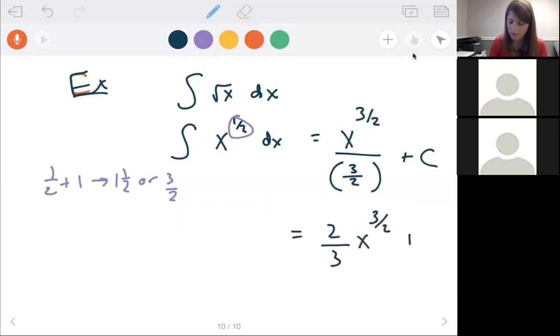When you write it out like this, notice what happens. When you take the 3/2 and drop it down in front, 3/2 times 2/3, the 3's cancel, the 2's cancel. So our coefficient is 1. Notice there's nothing up here. And then when we subtract 1, we get x to the 1/2. So a little bit trickier, but the same idea. Questions here?